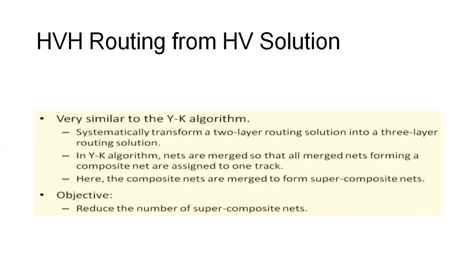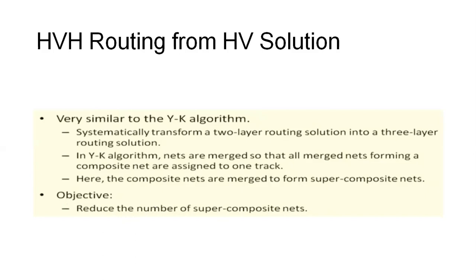But now when we think of a three-layer solution, suppose we have one horizontal layer, then we are having one vertical metal layer, then another horizontal metal layer. So I have two layers in which I can run my lines horizontally, and one layer in which I can run my lines vertical.